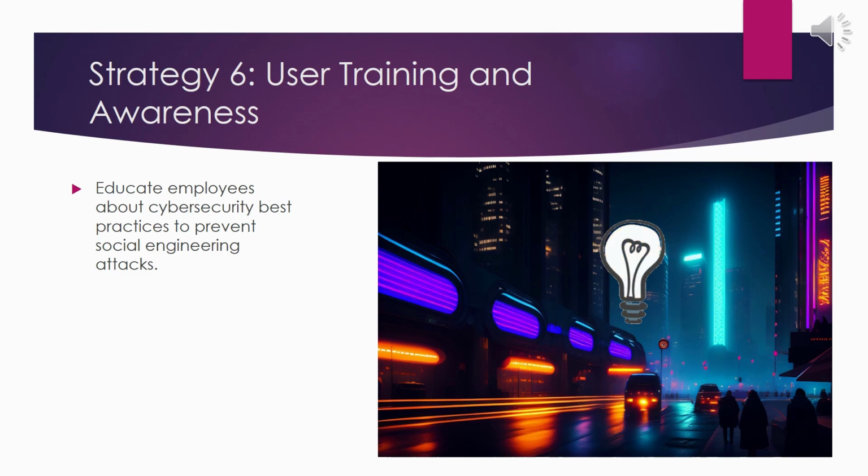Cybersecurity education. Regularly educate employees about the latest cybersecurity threats, best practices, and company policies. 2. Phishing awareness. Train employees to recognize phishing attempts and other social engineering tactics used by cyber criminals. 3. Incident reporting. Encourage employees to promptly report any suspicious activities or security incidents they encounter.